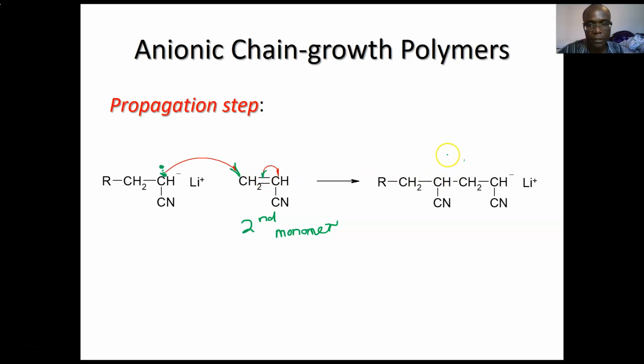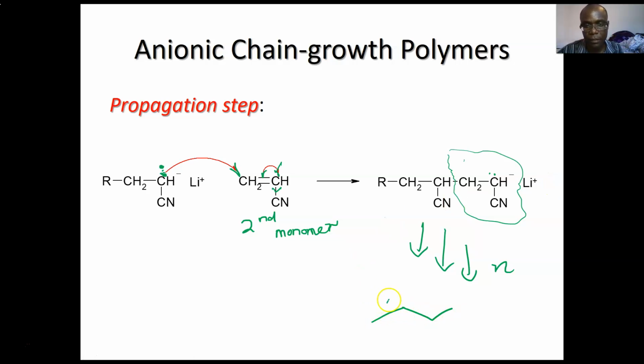So this is the piece that has just come in. That's what has been added, and the electrons fall on the carbon bearing the electron withdrawing group, which helps stabilize it. So now you have two monomers in this chain, and the process can happen n times until you end up with your polymer.